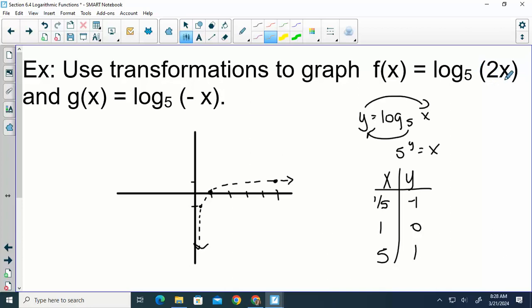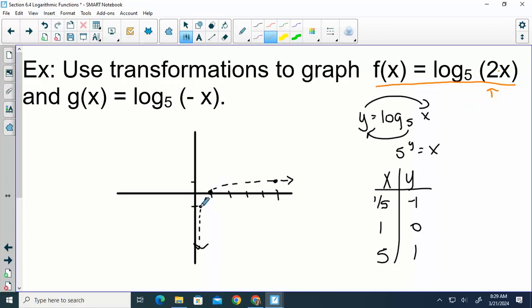Okay, let's think about these transformations. Log base 5 of 2x. It's been a while since we've had one of these. If something is attached to the x, then it's a horizontal change, right? And it does the opposite of what we say. So multiplying by 2 means we would divide our x's by 2. Okay, so it's going to shrink it or compress it horizontally.